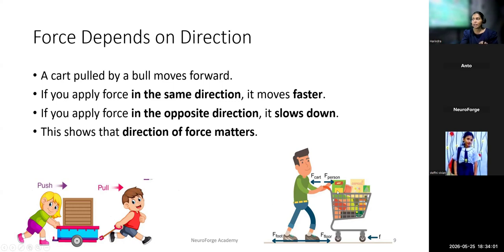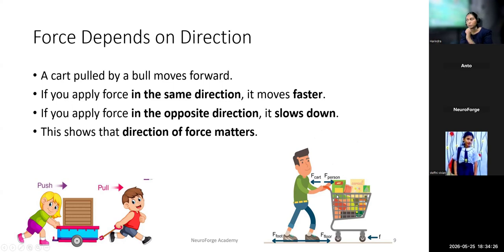It's hard to push the trolley. And here the weight is also a factor of this force. If F equals ma, the weight is also a factor of the force applied by this person. So F cart equals F person. This is the opposite direction.